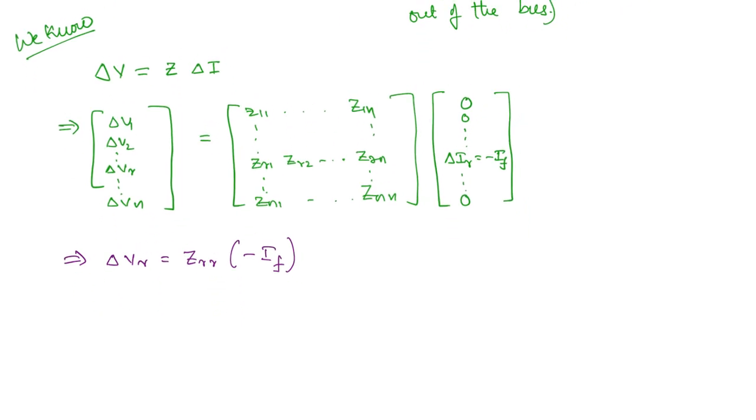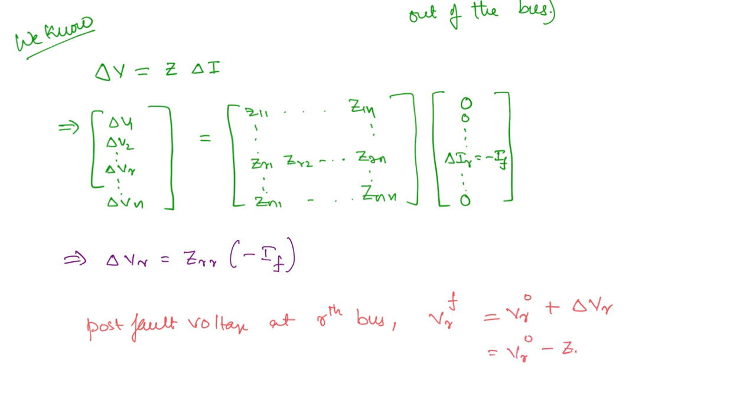So you can write the post fault voltage at the rth bus, VRF, is equal to VR naught plus delta VR. This will be equal to VR naught minus ZRR IF.